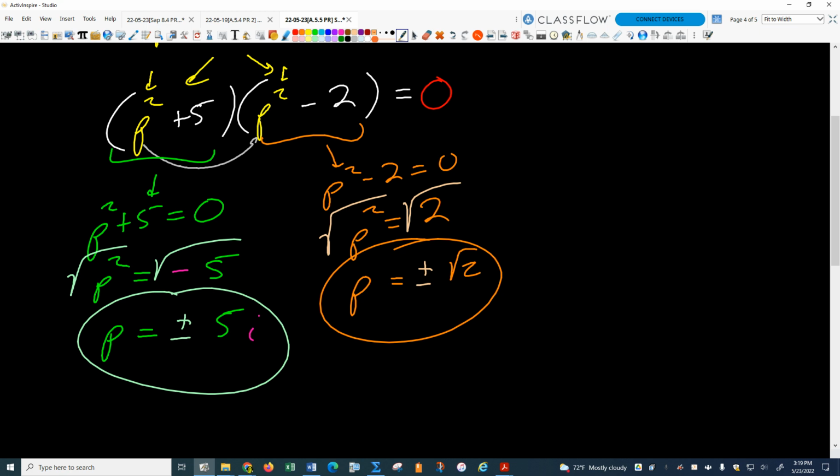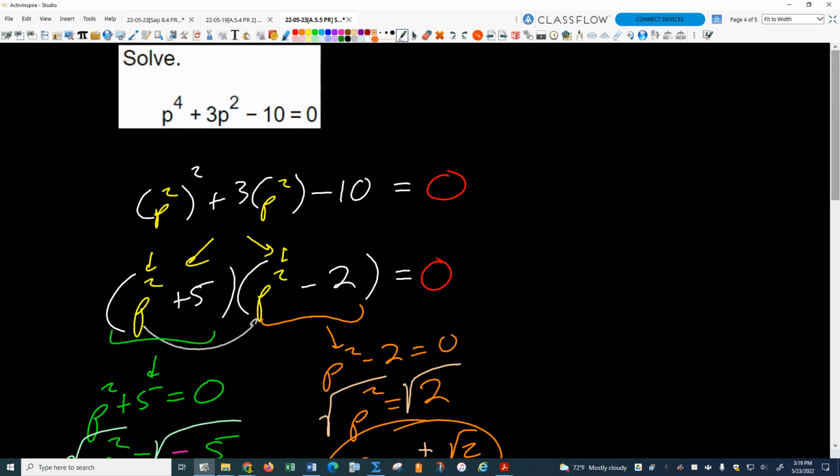1, 2, 3, 4. Okay, we know how many because my original polynomial has degree 4. So that means we're guaranteed to get 4 complex solutions.